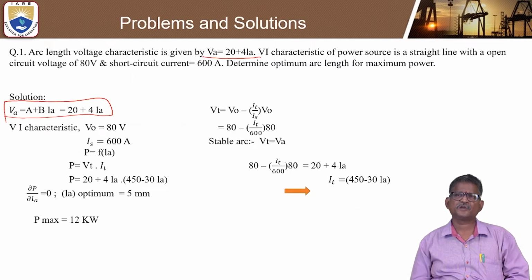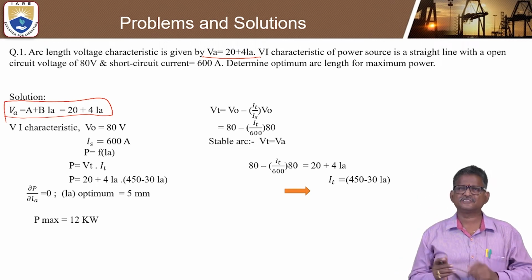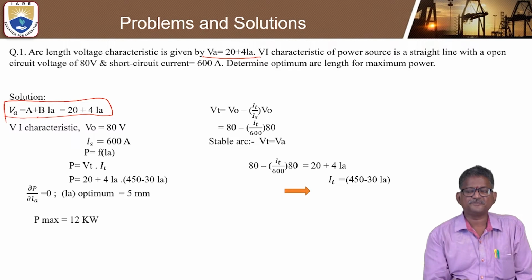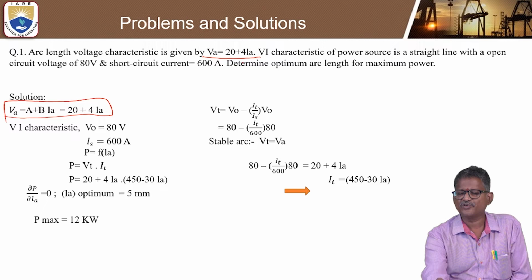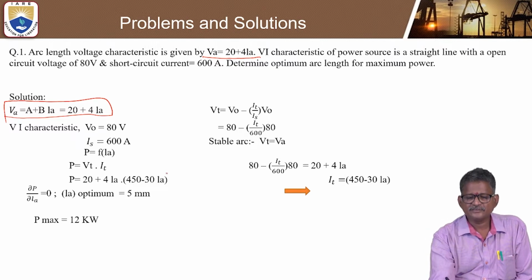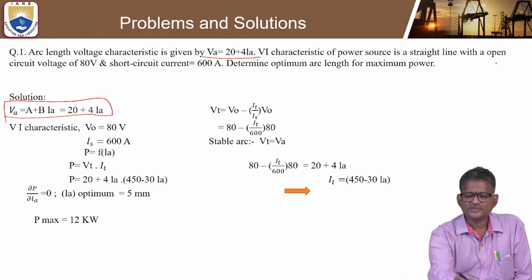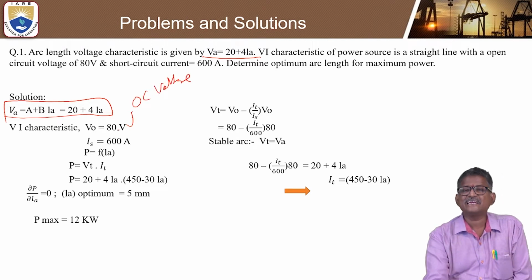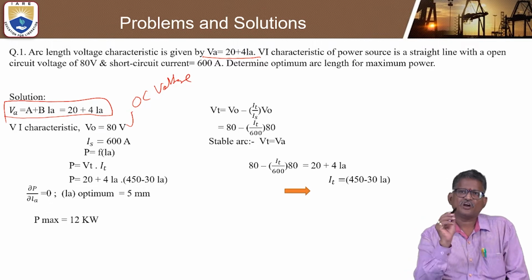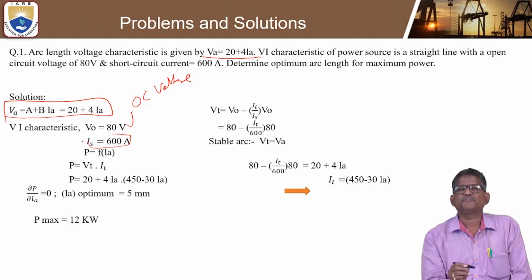Look at this problem: an arc welding voltage characteristic curve is given as V equals A plus B, where here it is clearly given as 20 plus 4 into La. As you know from the VI characteristics, they have given the open circuit voltage, which is 80 volts, and the short circuit current, which is 600 amperes.